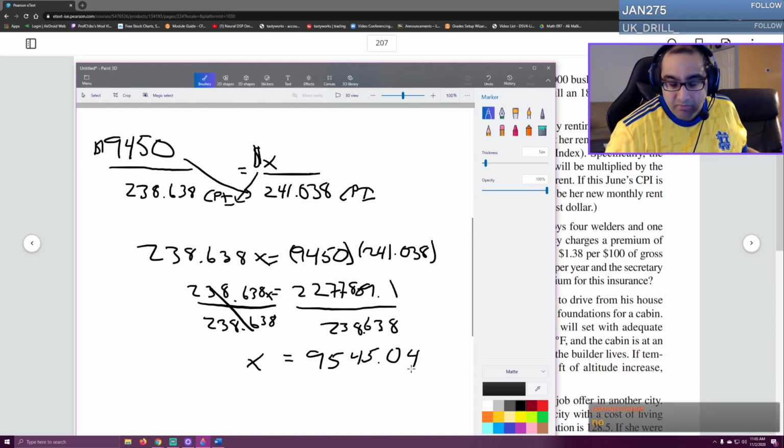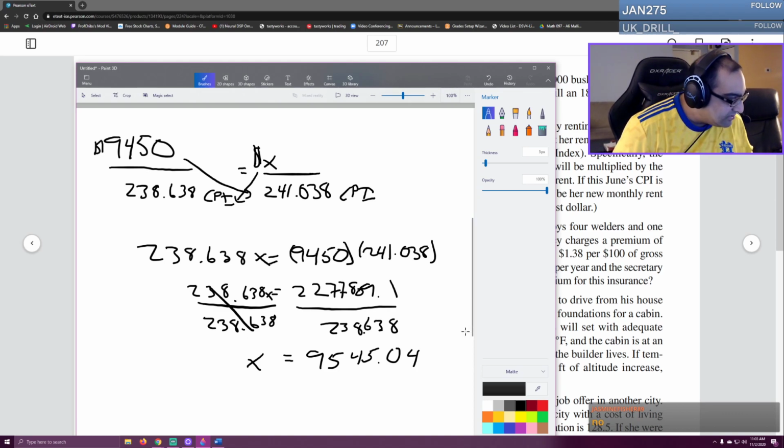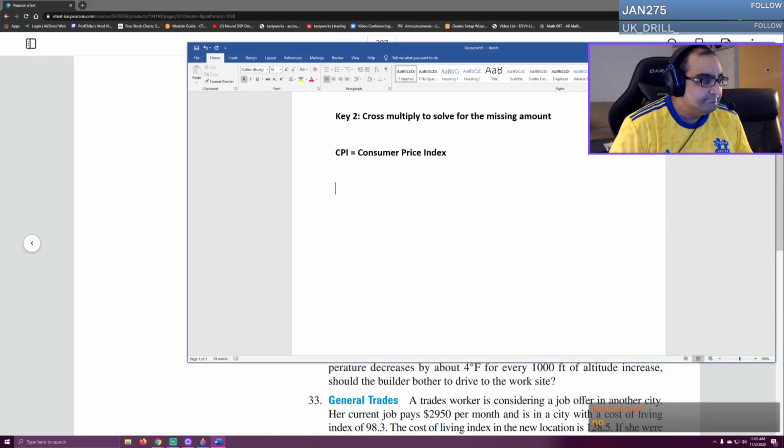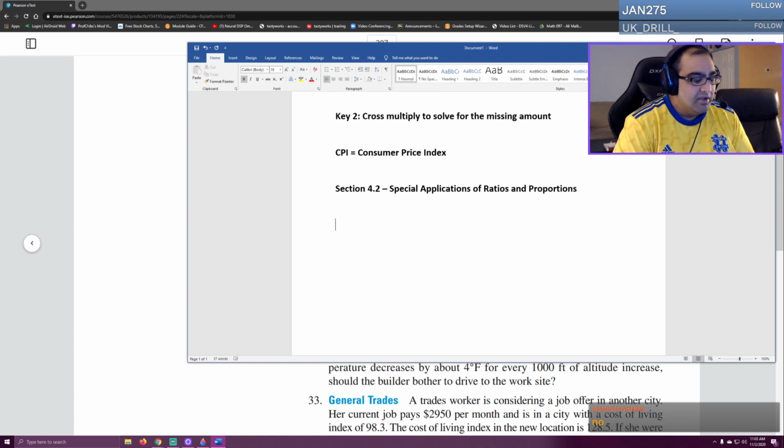Okay. Next, let's take a look at our last section for the day, which is talking about special applications of ratios and proportions. So there are two types.